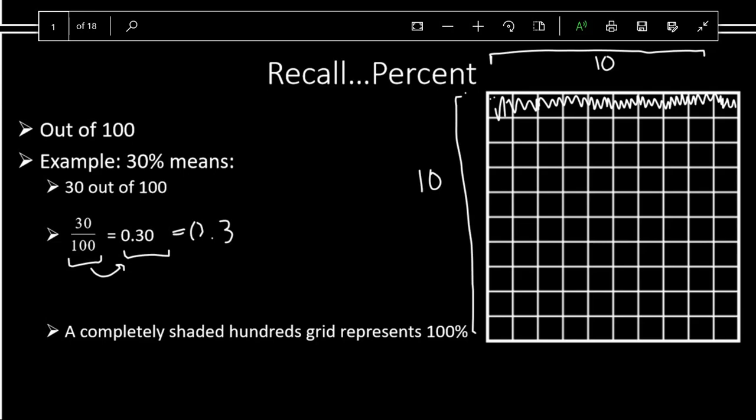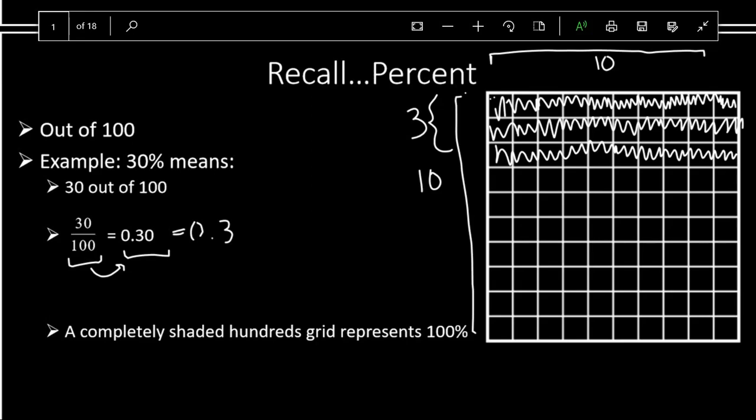So that's 10, but we need 30. So we're going to shade in this whole row as well. That's 20. We need one more entire row. So we're going to do this one, and that's 30, right? Because here we have 3 rows of shaded in blocks.